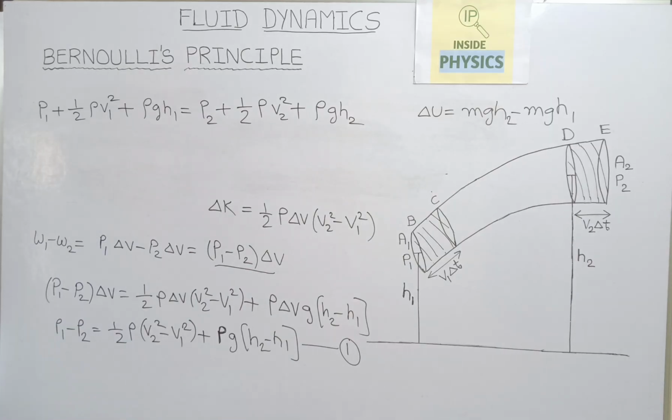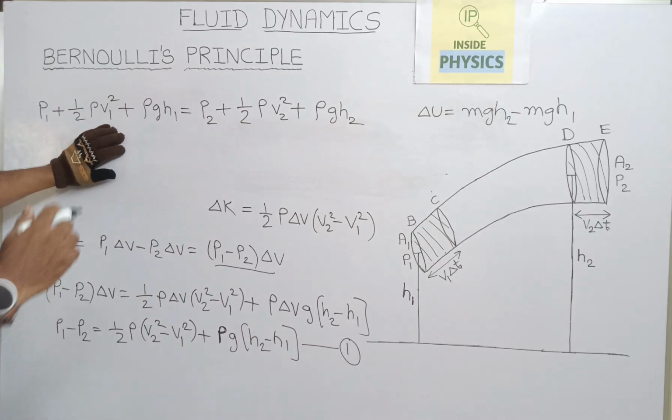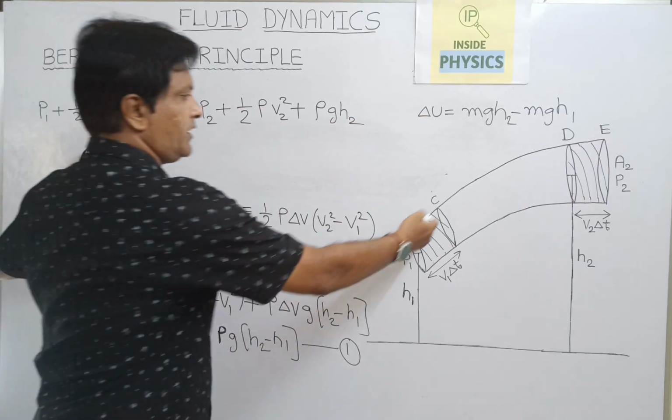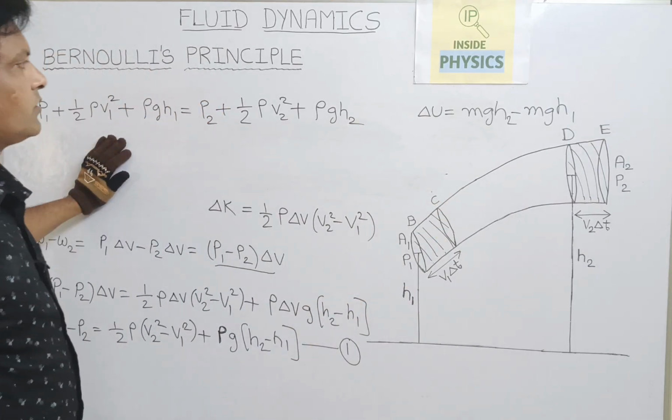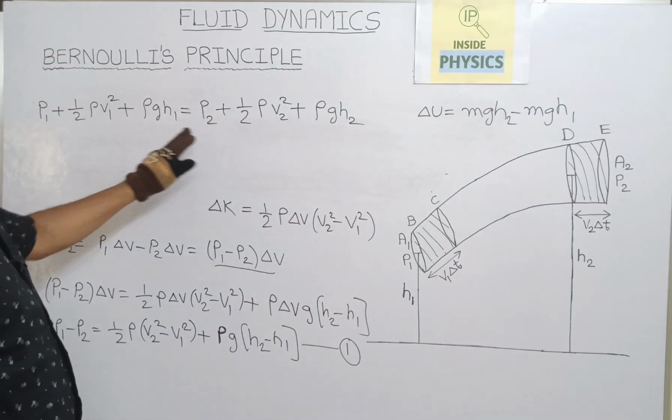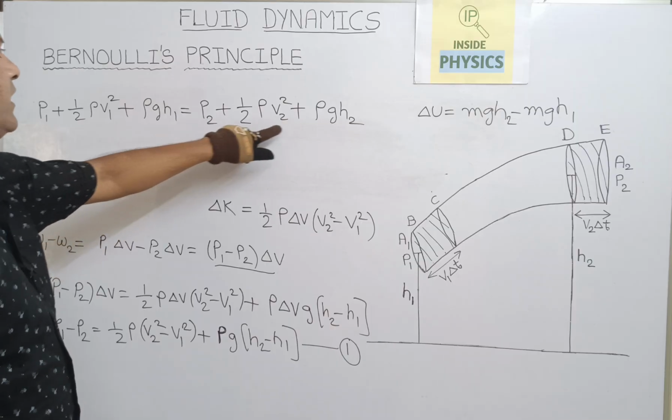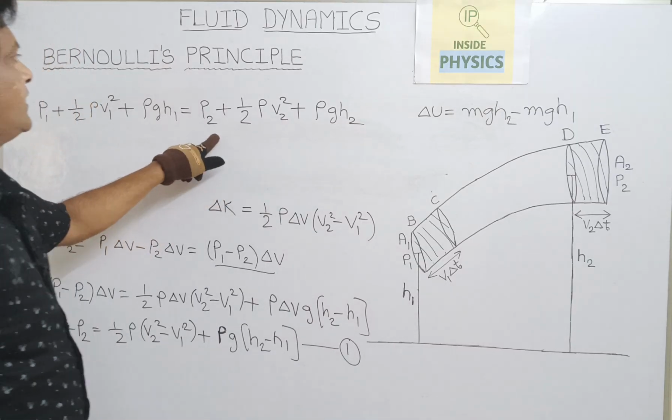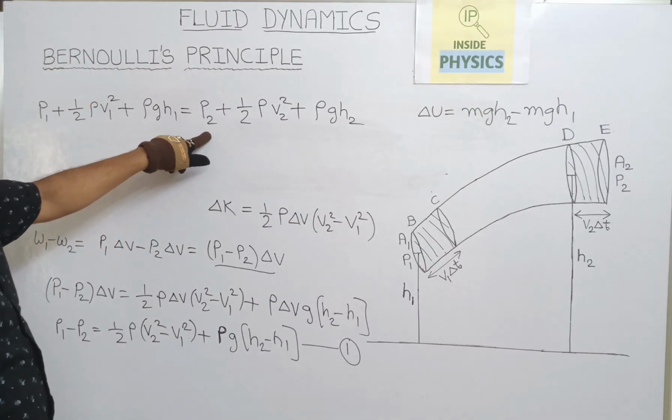If you observe this relation, you can understand one thing. The energy throughout the movement of the liquid is constant at any place, and the change in potential energy and kinetic energy is also added with the pressure.